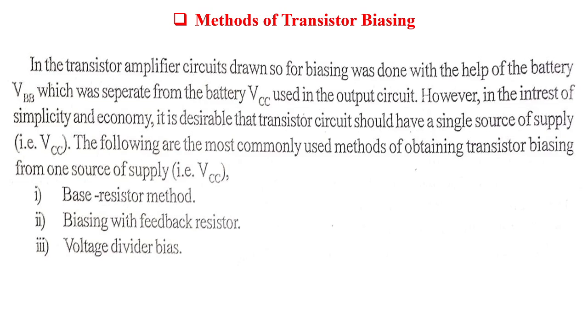Methods for transistor biasing. In the transistor amplifier circuit drawn so far, biasing was done with the help of the battery VBB, which was separate from the battery VCC used in the output circuit.